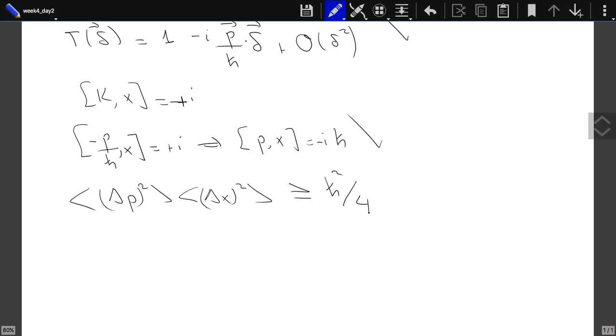Since we had derived that it should be larger than or equal to the expectation value of the commutator squared over 4, at least in the case of momentum and position, this has to be h bar squared over 4. So this is the famous position-momentum uncertainty relation. And this is experimentally verified, at least in the case of the atomic spectrum.